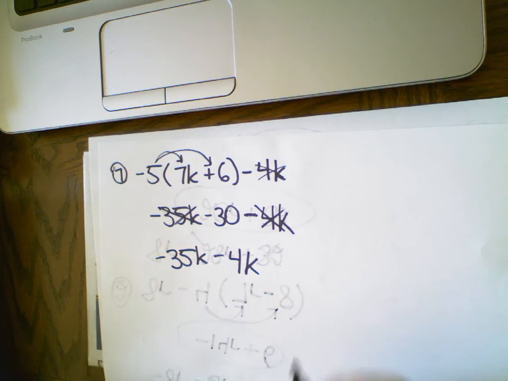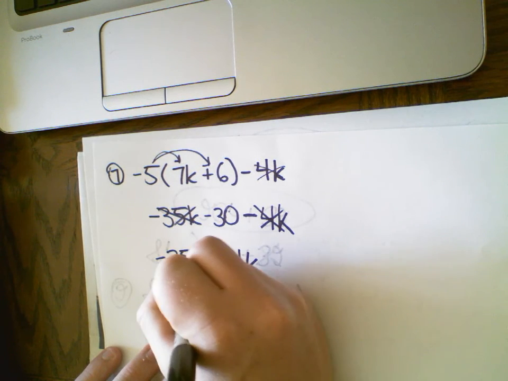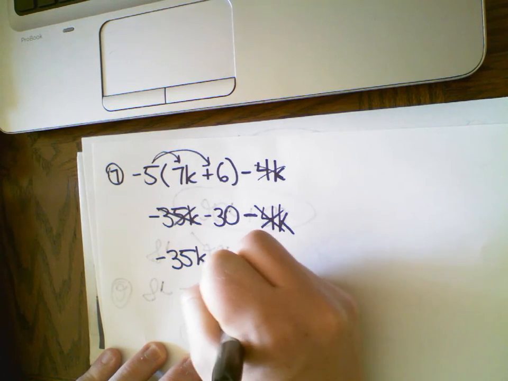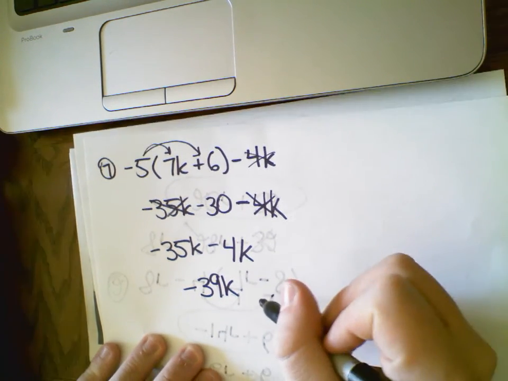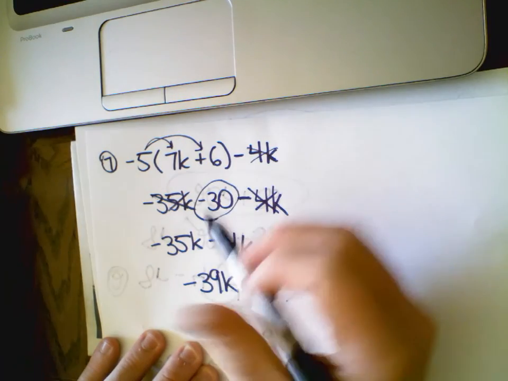Negative 35k minus 4k is going back further down the number line. So negative 35 minus 4 would be negative 39k. Now, since I found my k, I still need to bring my 30 down.